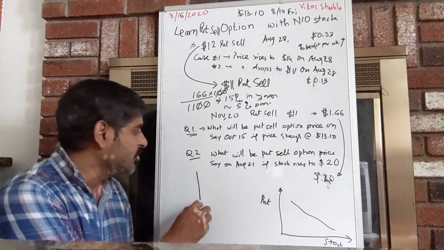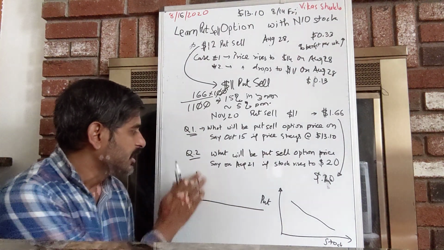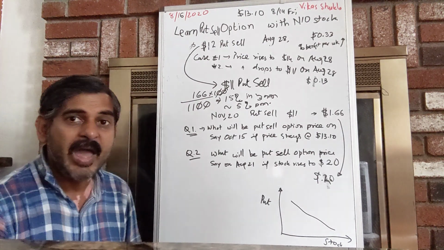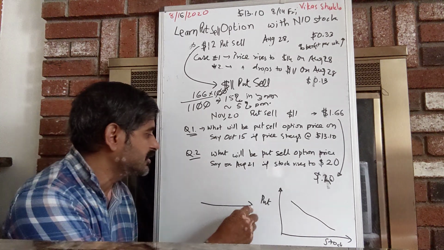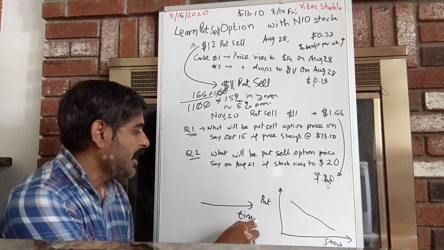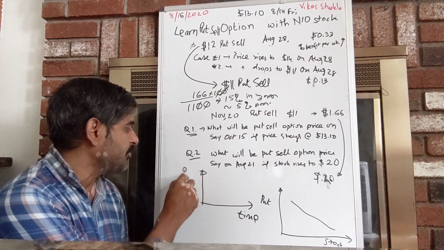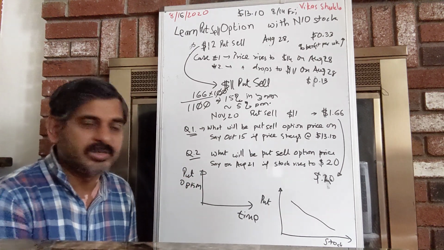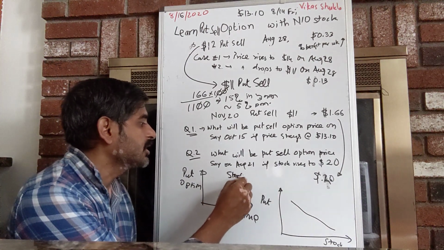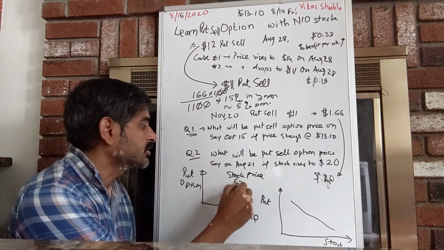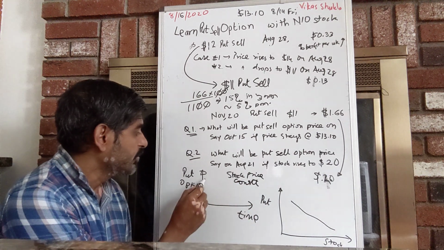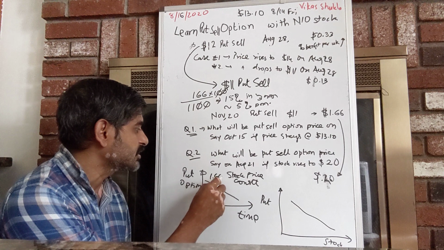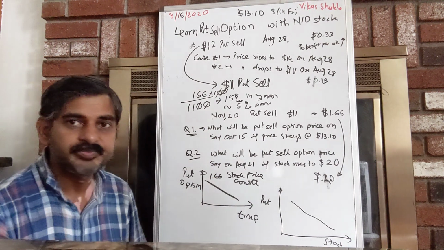So as the time goes, if the stock price stays constant, it's hard to draw something with time and price both, but as the time goes by, this is time, and this is the put option price, and let's say the stock price is fixed, constant, then the price of the option, which was initially $1.66, keeps going down.